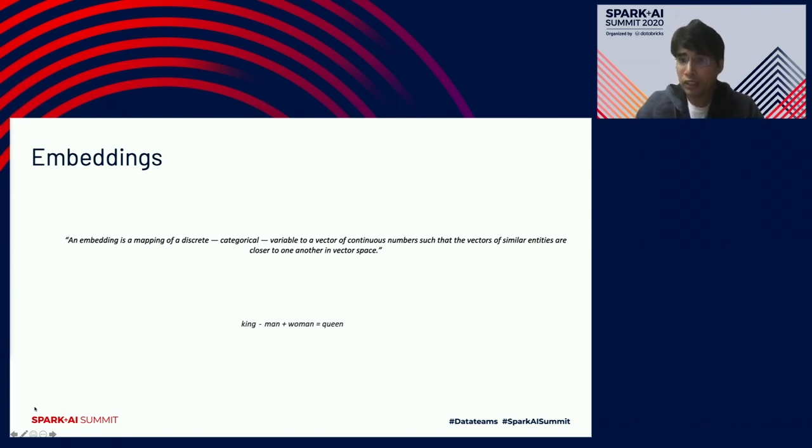Although we can have embeddings for numerical as well, in this case we are focusing on a discrete categorical variable, and this representation is a series of continuous numbers in such a way that it captures the underlying semantics, right? So if you want to represent a particular page category, it should be placed nearby to, let's say, price and finance related categories.